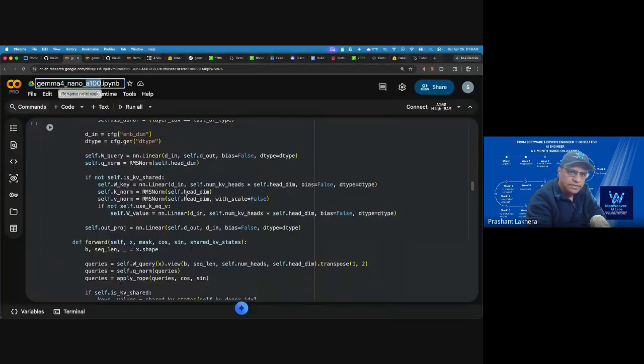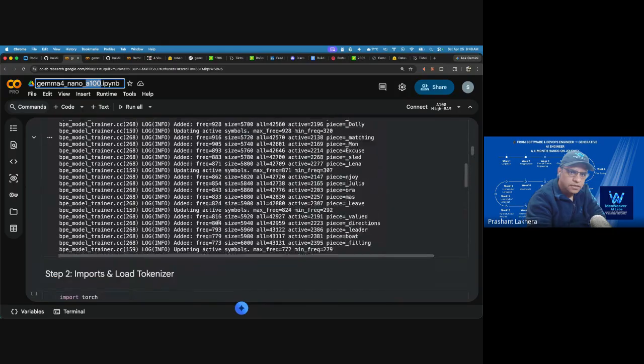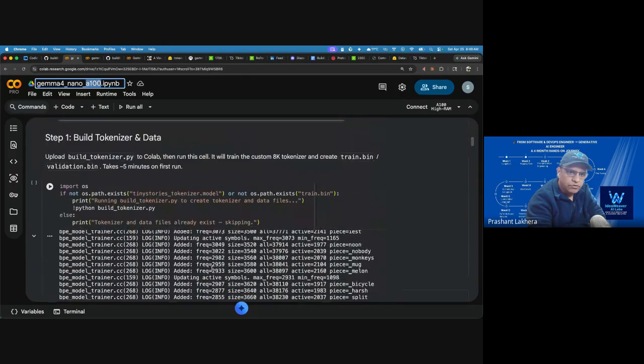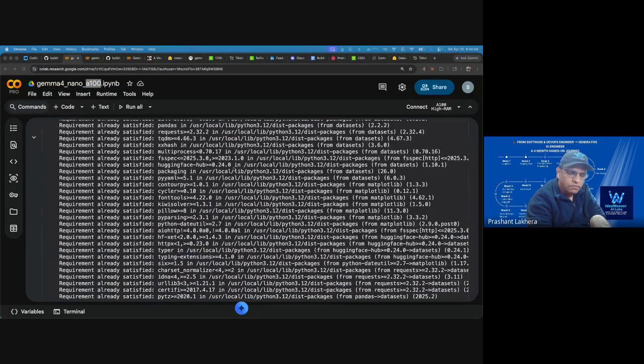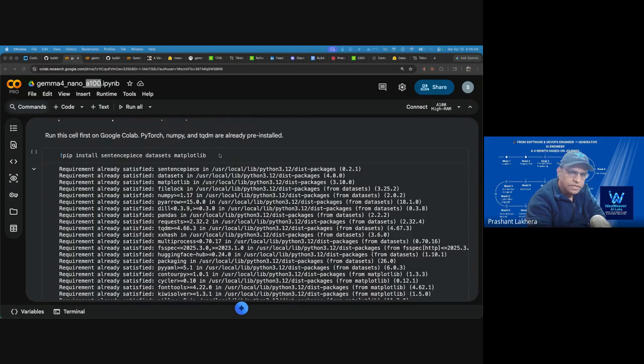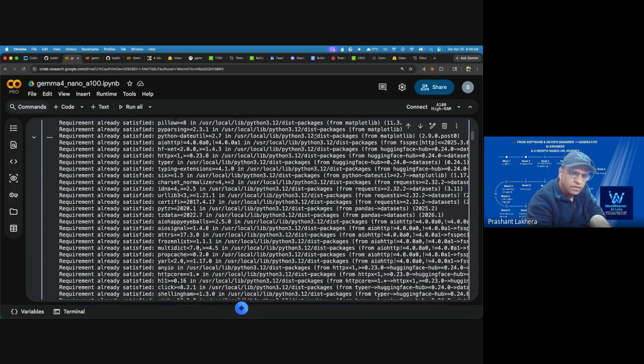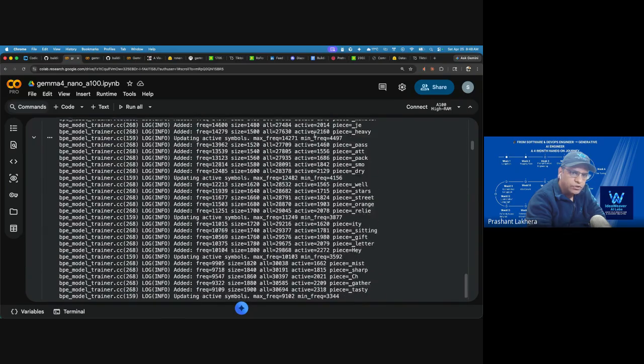Okay, so if this is clear, you have two options. One thing I forgot to tell you is that obviously we need to start with installing some of the dependencies. Next, I showed you two ways.